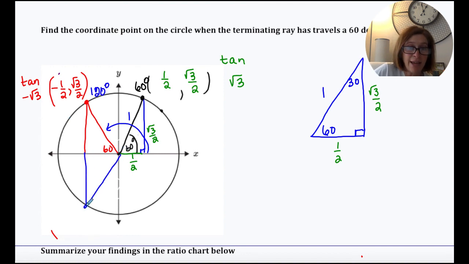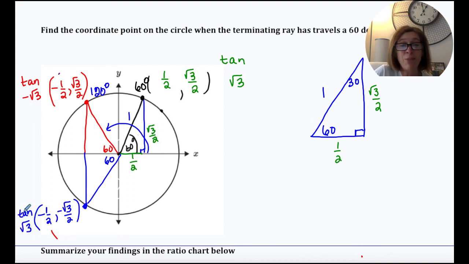The reference angle again is 60, but both x and y are going to be negative, so -1/2, -√3/2. Tangent's going to become positive. All right, but what would the angle be? 180 plus 60, so 240 degrees.